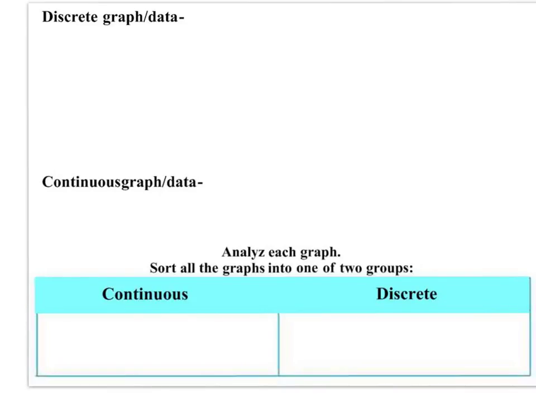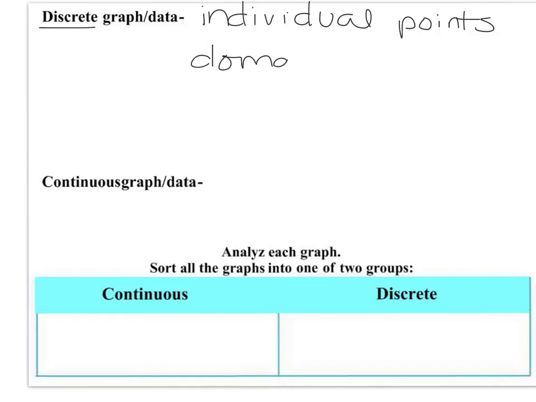I wanted to clarify a couple of things for you today that we've been talking about, continuous and discrete, and about the graphs that you're working with. So with continuous and discrete data, this is data that is individual points. Your domain, and we've been talking that this is your x value, is always going to be integers.